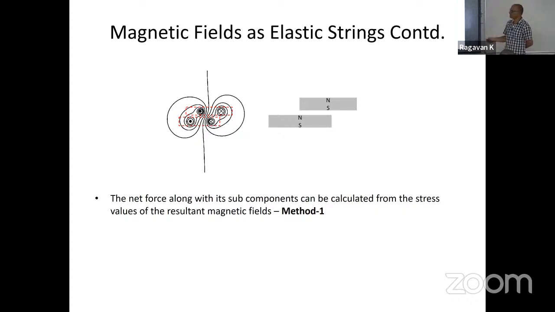But the complexity in machines is that, because of the very small air gap, you won't be able to see this kind of clear pattern. But the phenomenon is applicable. From the resultant stresses, you can get the forces, and if you look into that math, you'll also understand many other accepted principles of machine design or control, and why it has to be so.